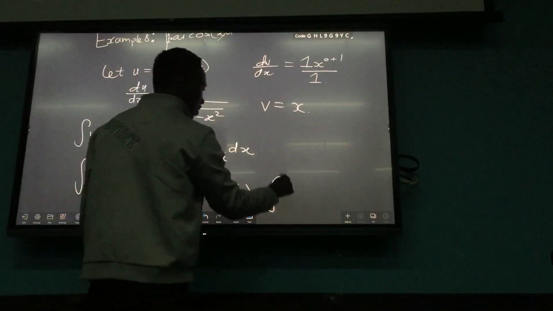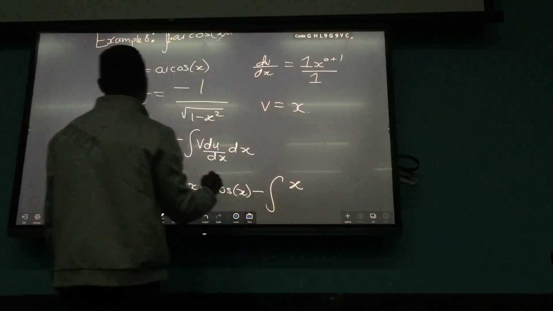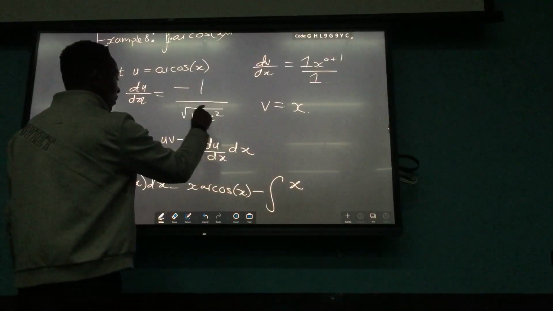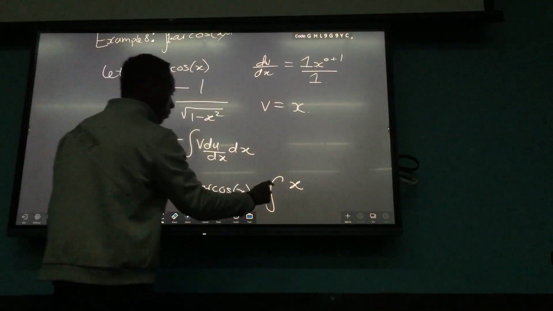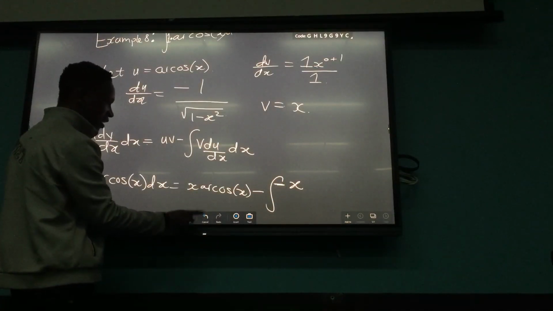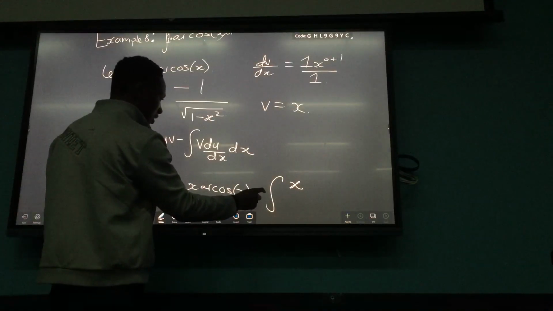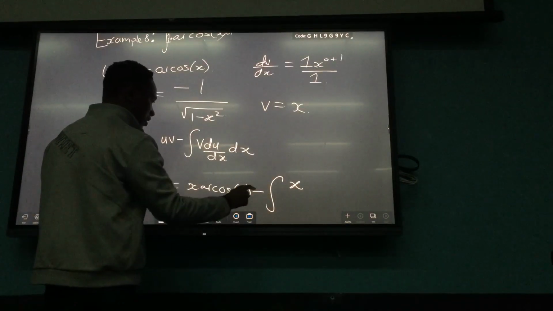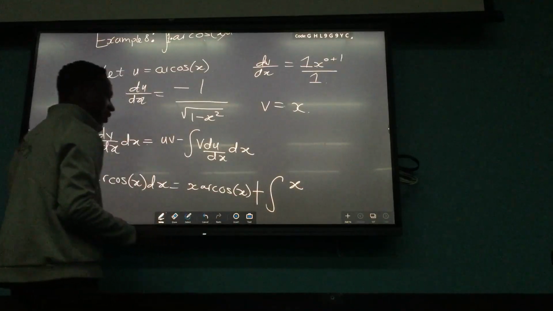V is x, so we put x there, and then du dx is minus 1 over the square root of 1 minus x squared. So we're going to have a negative there, but instead of putting it there, let's put it outside. So it's going to be minus minus here, and if you have two negative signs, they make a plus.